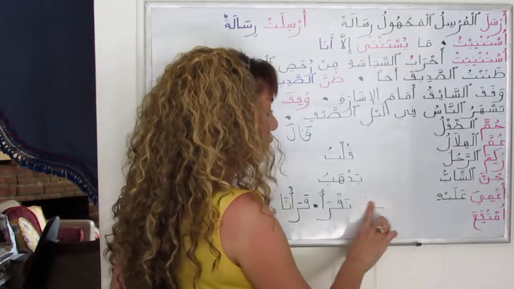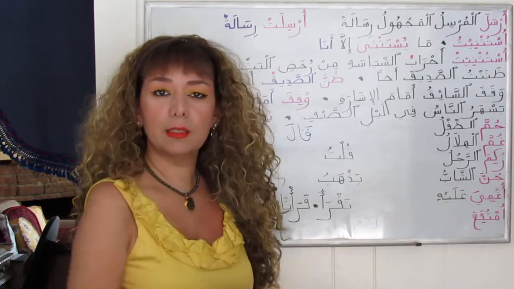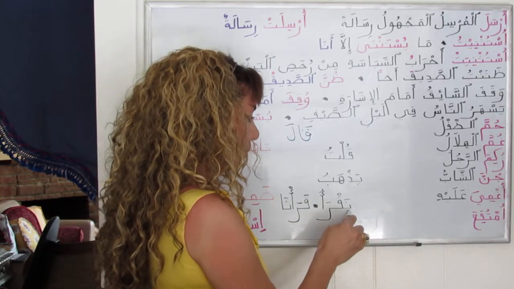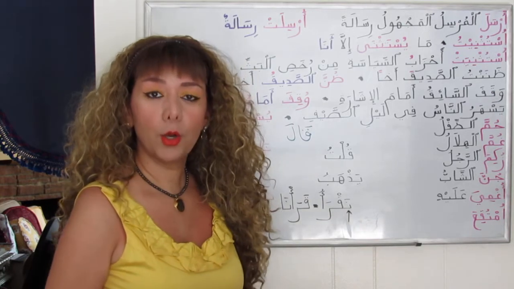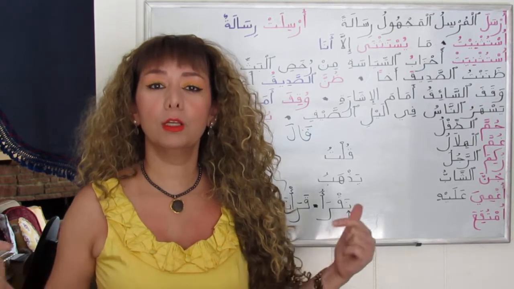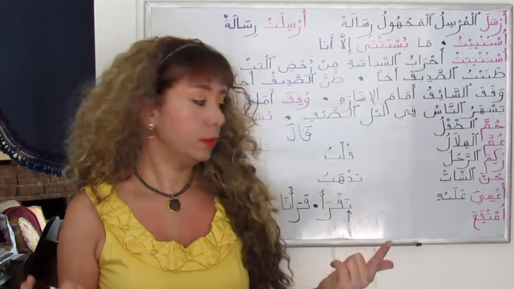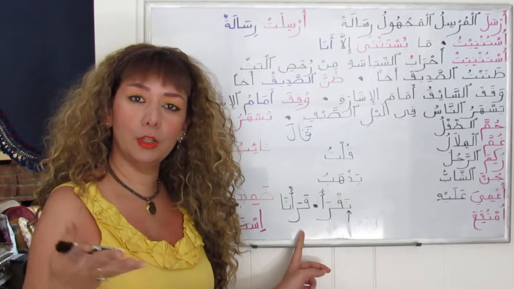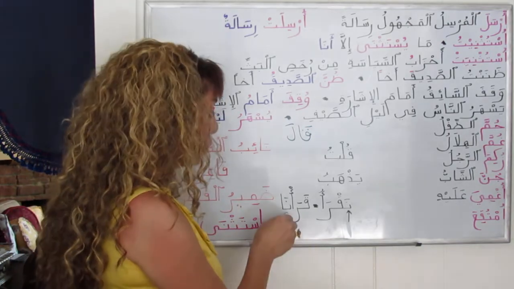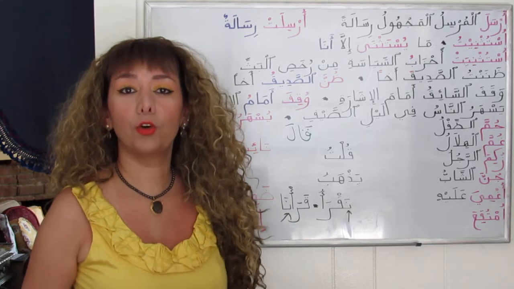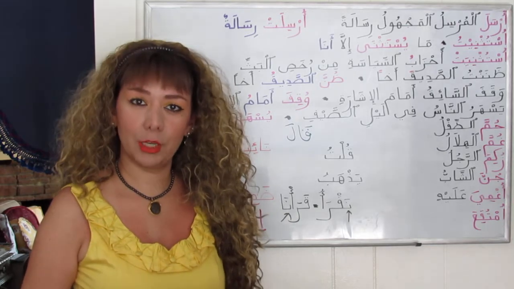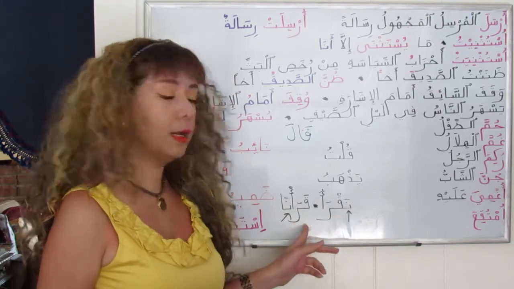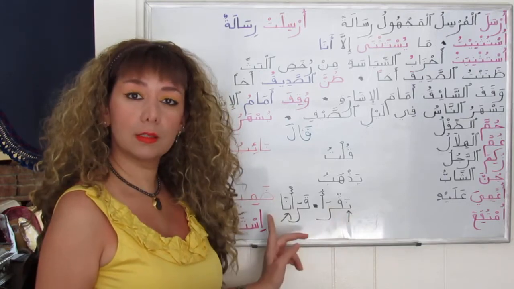So if we get rid of the explicit subject, we would know from this prefix na that we are referring to the first person plural, نحن, we. قرأنا, if it is conjugated in the past, this time the suffix will be the sign of the implicit subject. قرأنا, نقرأ, present tense. قرأنا, past, prefix, suffix.